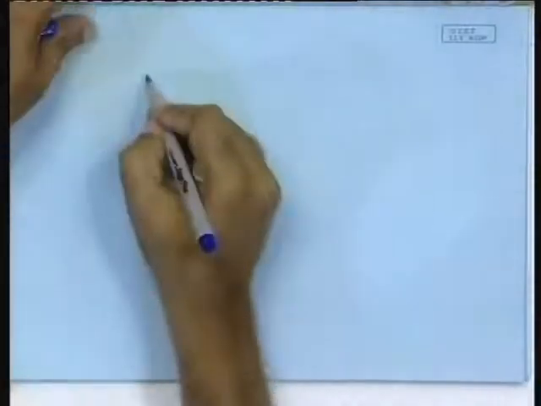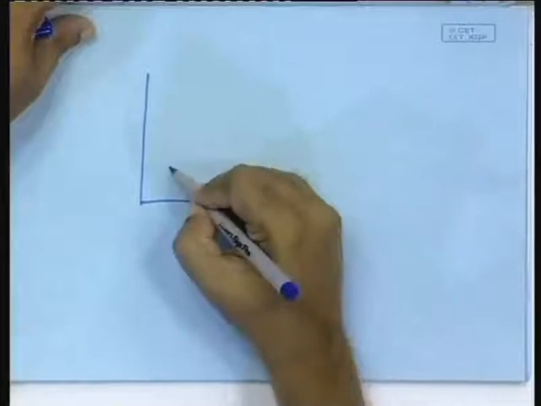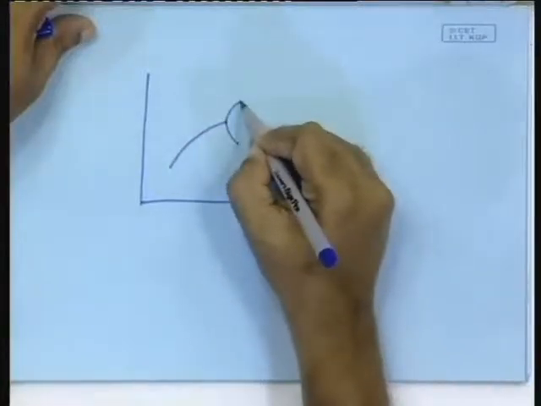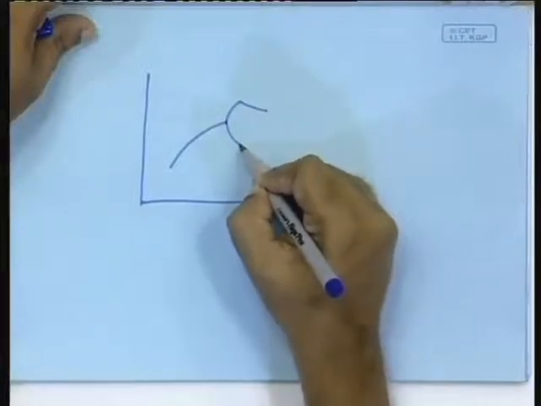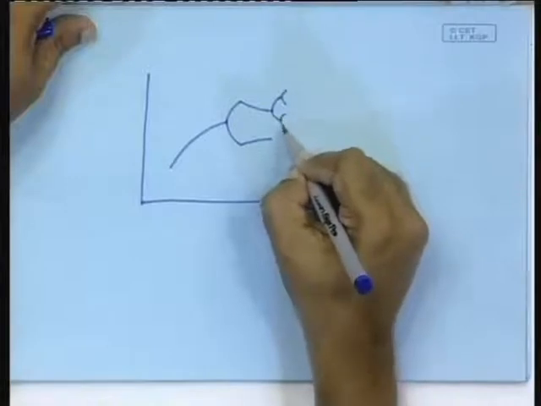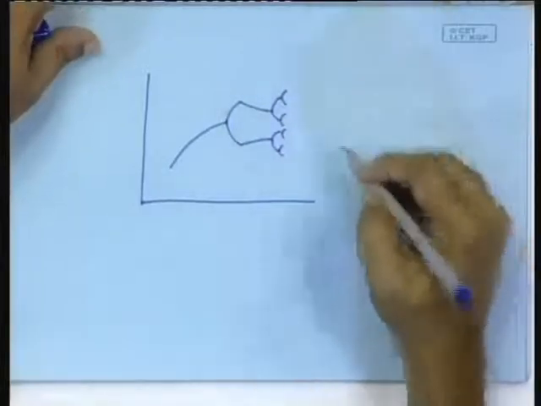What if we encounter something like this, and so on and so forth?